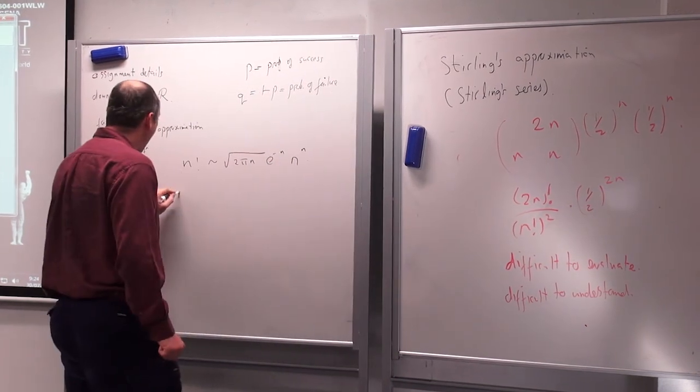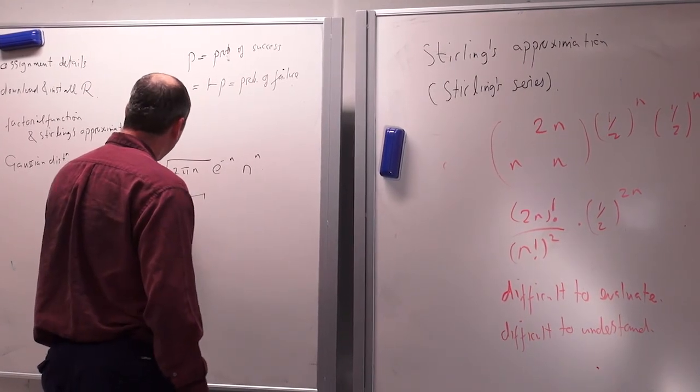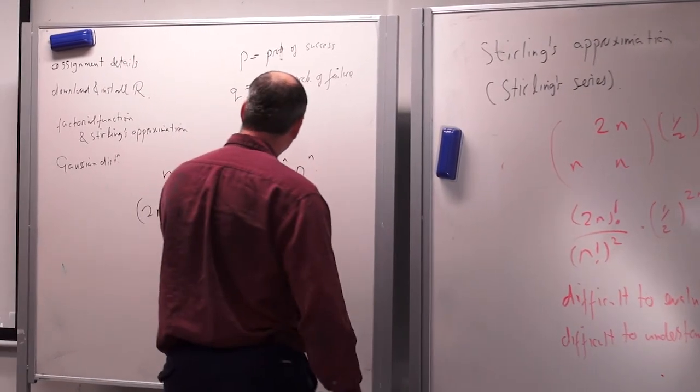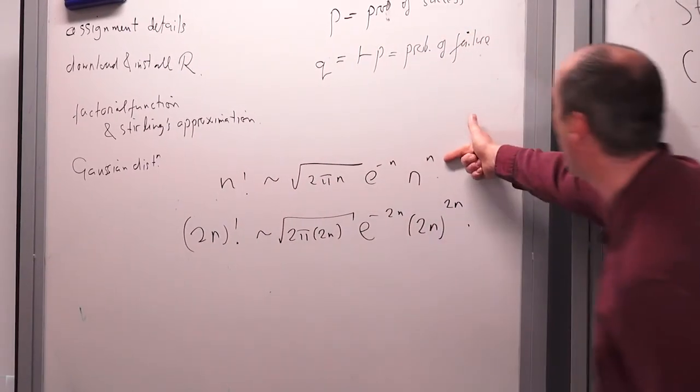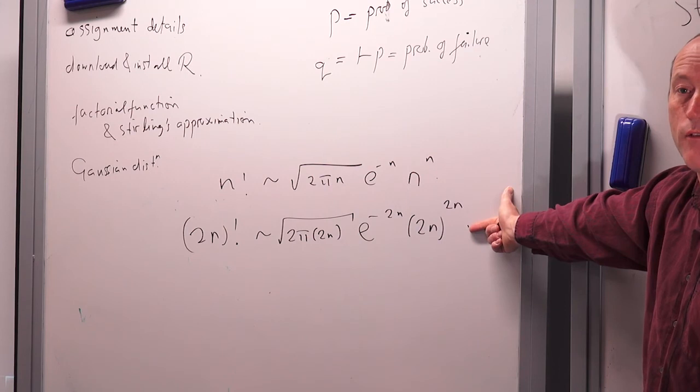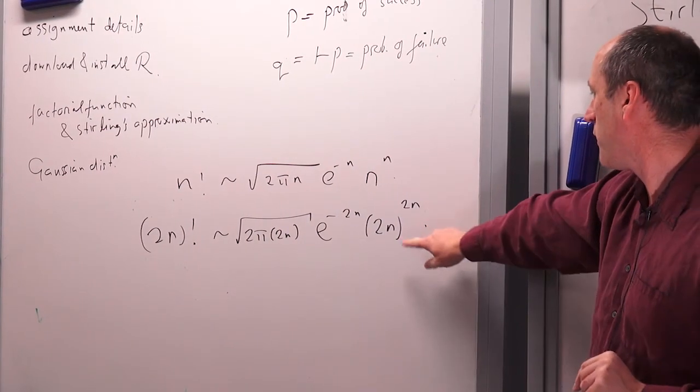Therefore, 2n factorial is approximately root 2 pi 2n, e to the minus 2n, 2n to the power 2n. All I've done is taken what was n here and written 2n there. A lot of people start gasping in horror when I do this. All I've done is written 2n there.